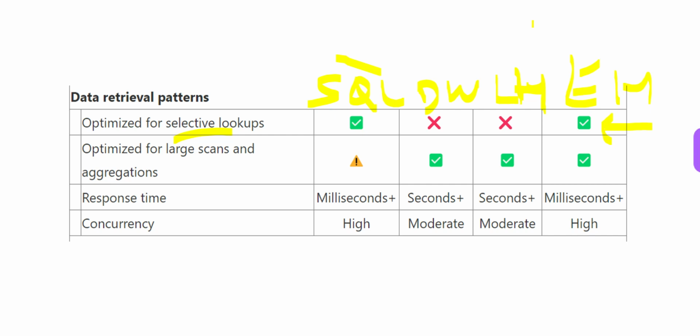Now when we say optimized for large scans and aggregations, large scans means obviously data would be large. That is why the scans are large. Where do we store large data? We store it in data warehouse and lakehouse, and event house can also receive large data.